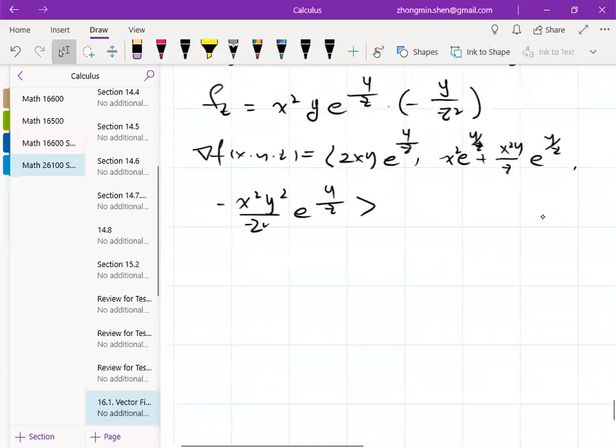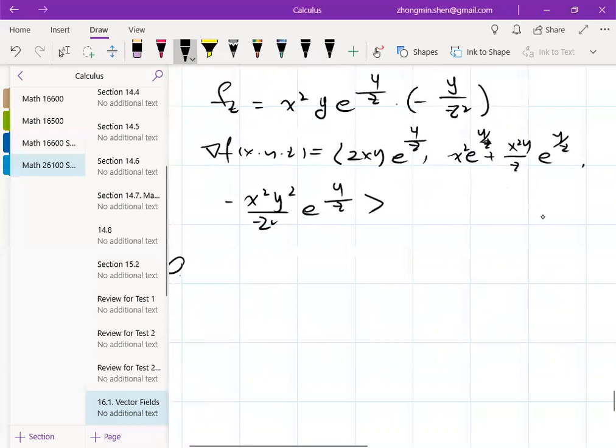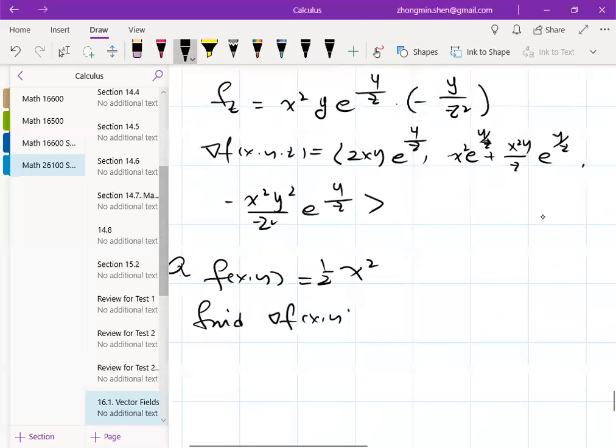All right, so let's look at an easy one. So we have xy. That will be the 2-dimensional case. Okay, let's try this. Find the gradient of xy and sketch it. Two-dimensional, it's easier to handle.